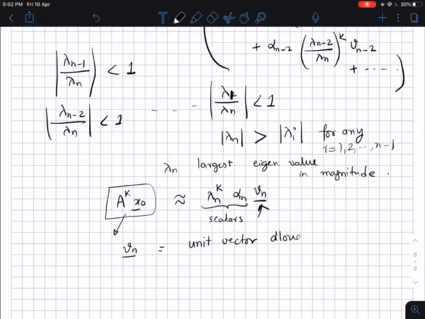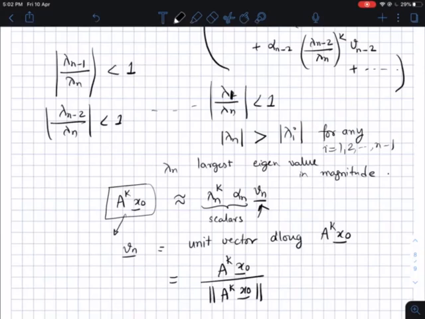Vn is the unit vector along the direction of a to the k x naught, or to write it precisely: a to the k x naught divided by the absolute value of a to the k x naught. So this is the idea behind the power method.